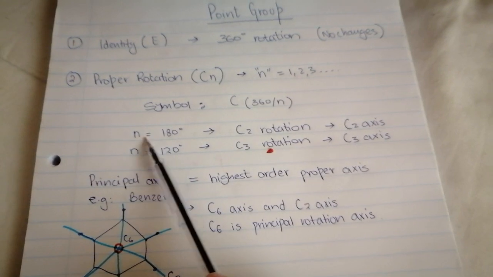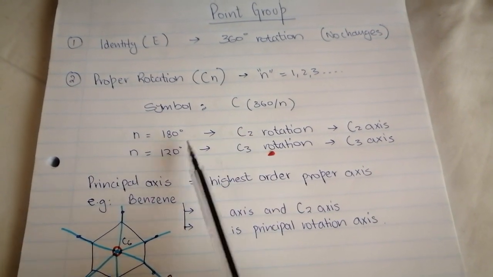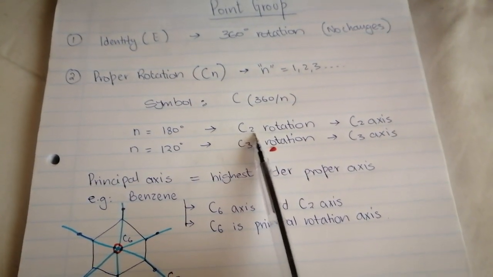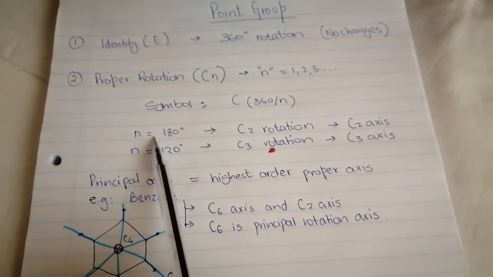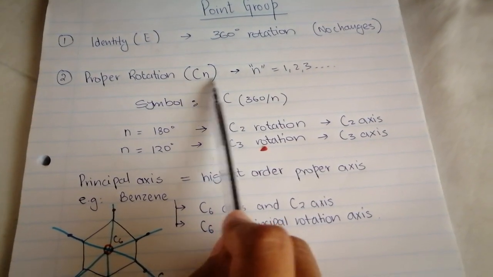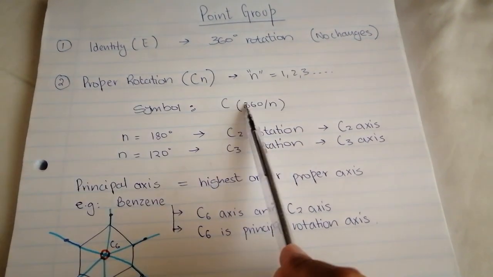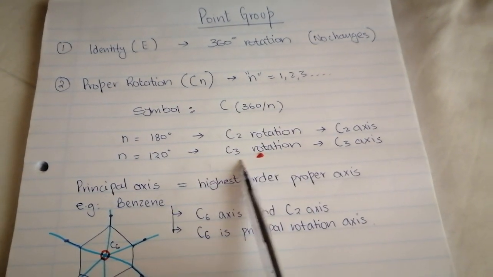For example, if you divide 360 by 180, you will get 2. 180 plus 180 is 360. So your n is number 2 if the molecule is rotated 180 degrees. So proper rotation is Cn. Again, if the molecule is rotated 120 degrees, you're going to divide 360 by 120, which will give you 3.